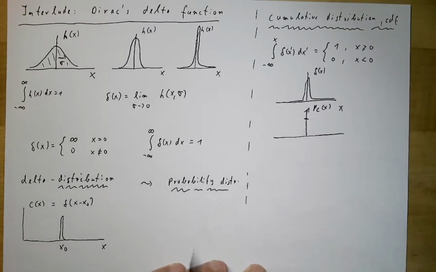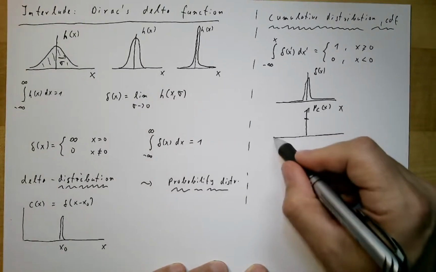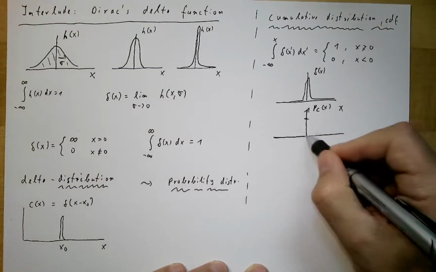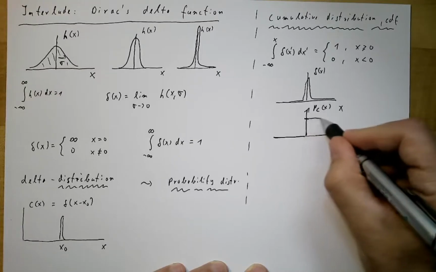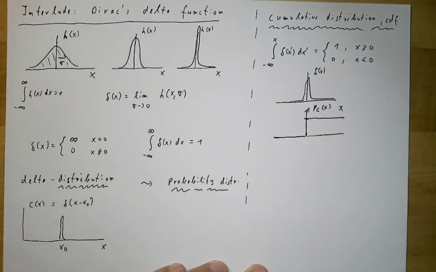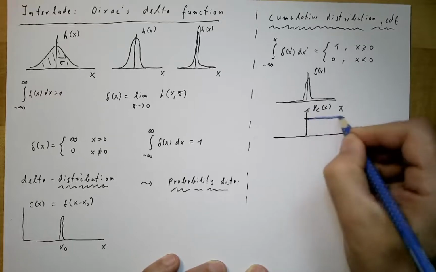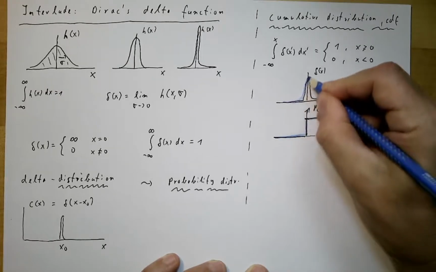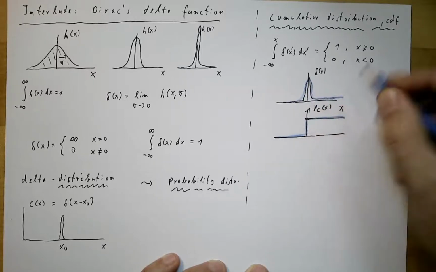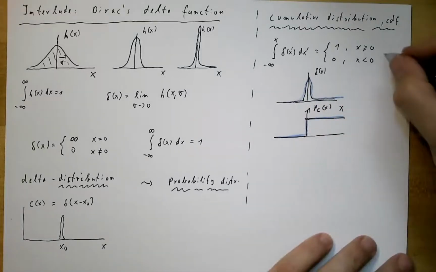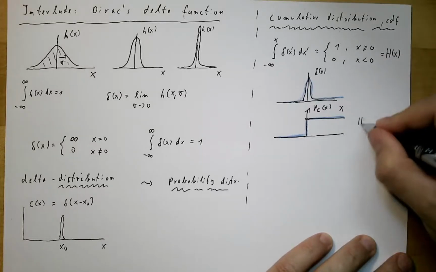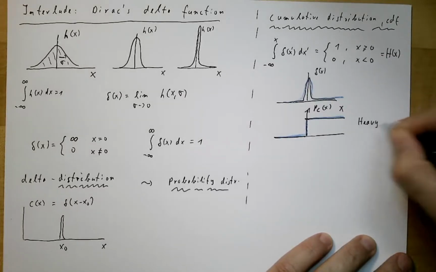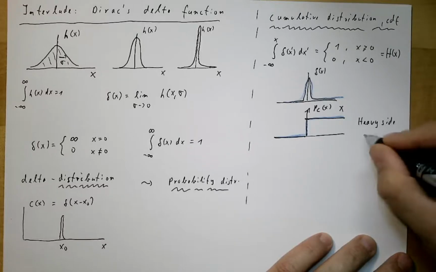That's a function which starts from 0, then makes a jump to 1, and then stays 1. And this is also what's called H of x, the Heaviside function.